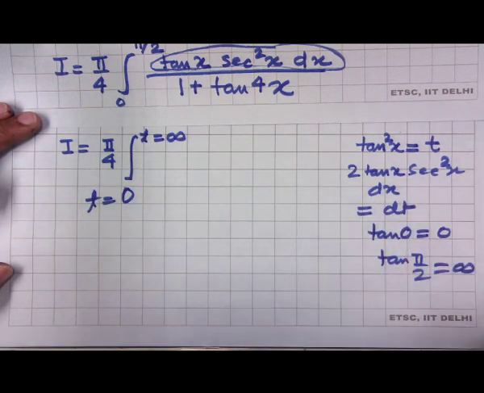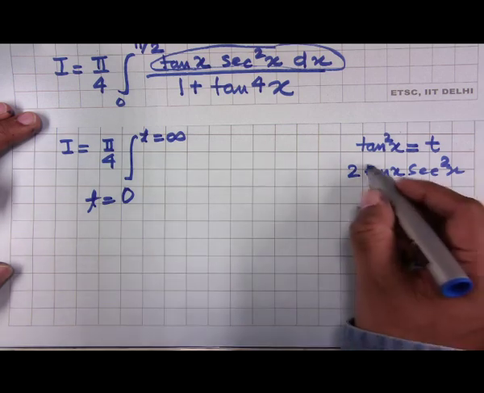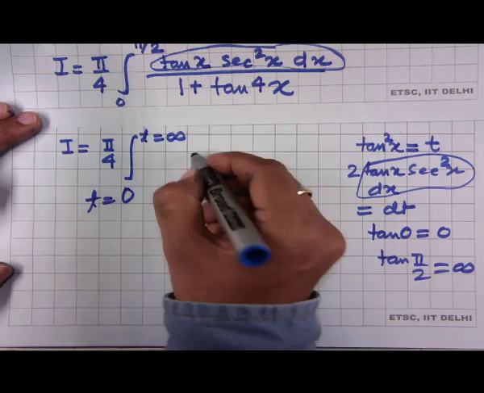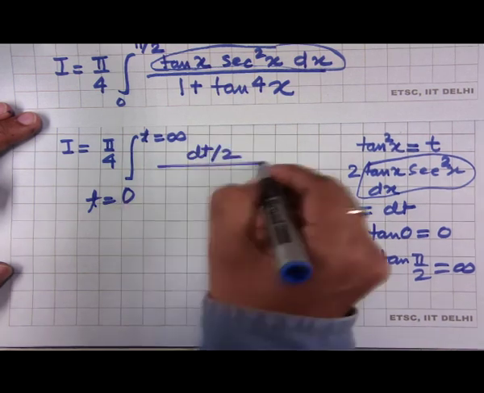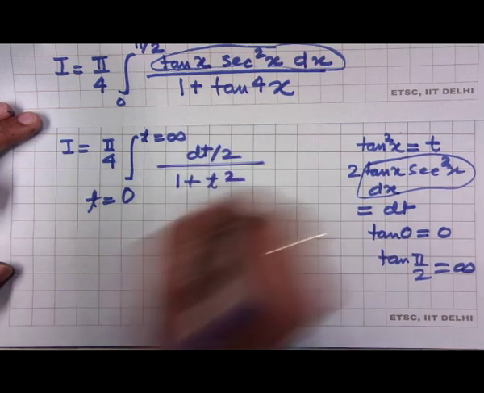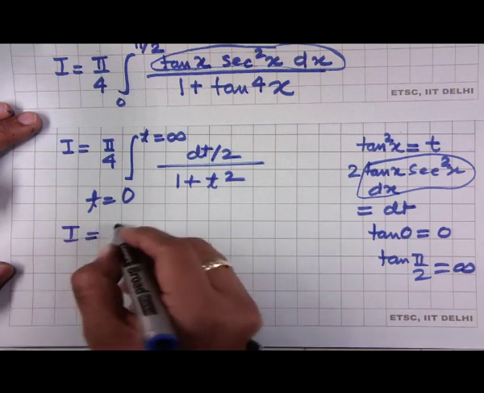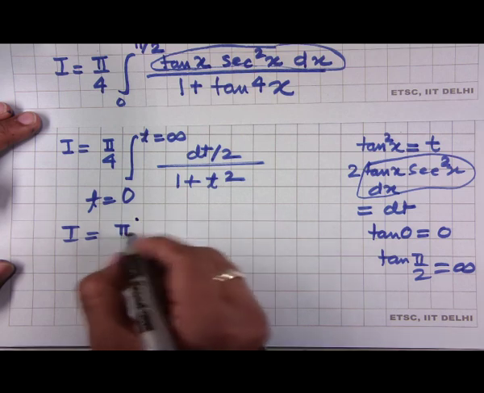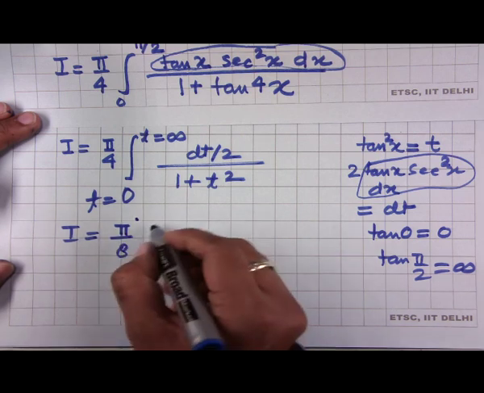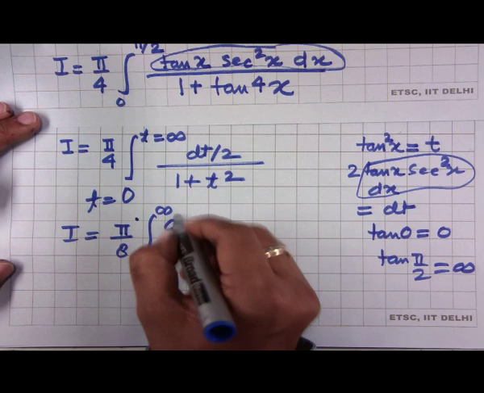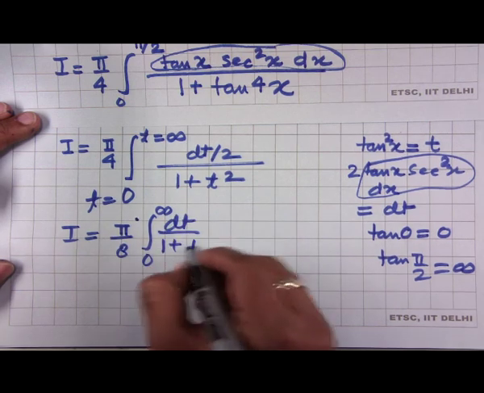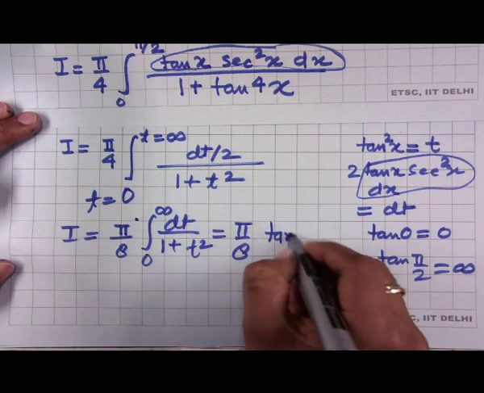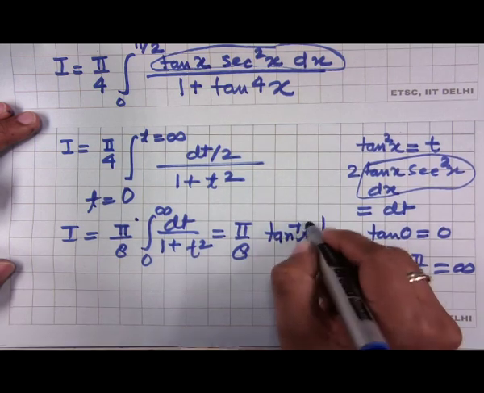Tan x sec square x dx is dt by 2, so you get dt by 2 by 1 plus t square. So I is pi by 8, 0 to infinity dt by 1 plus t square. So this is pi by 8 tan inverse t, 0 to infinity.